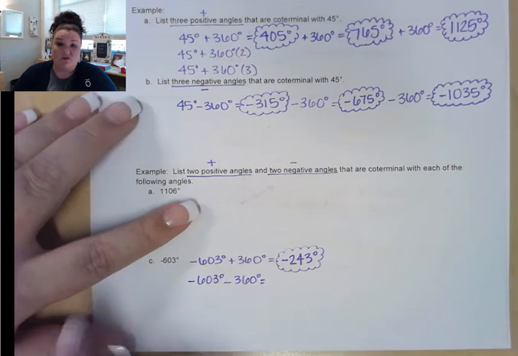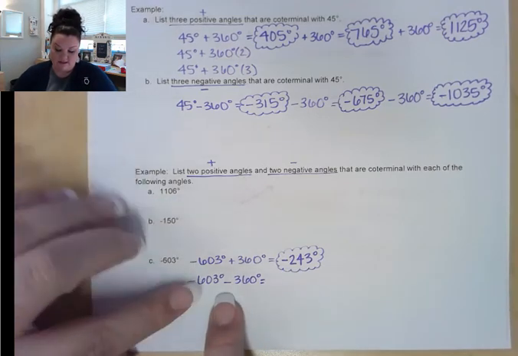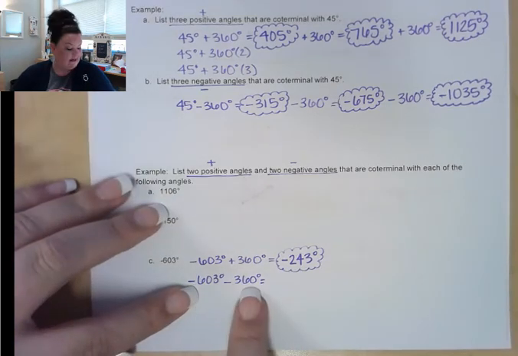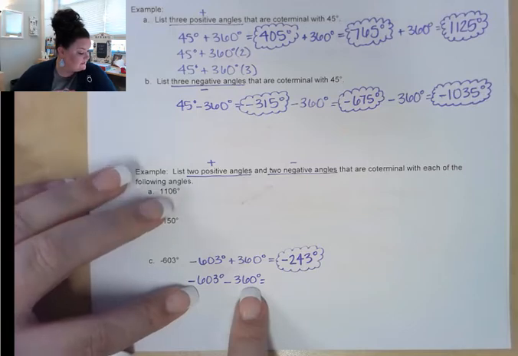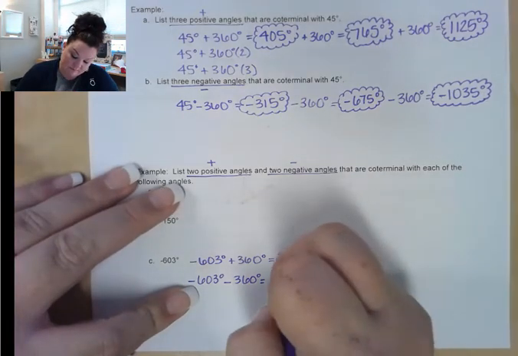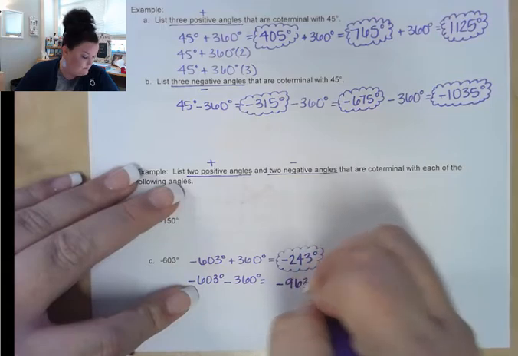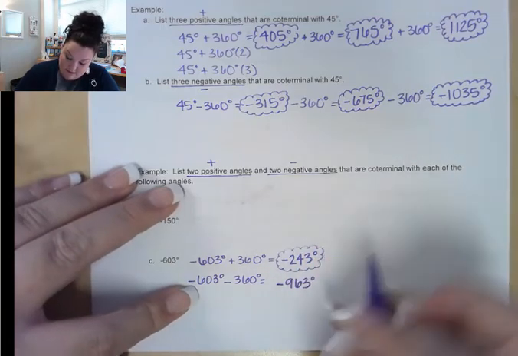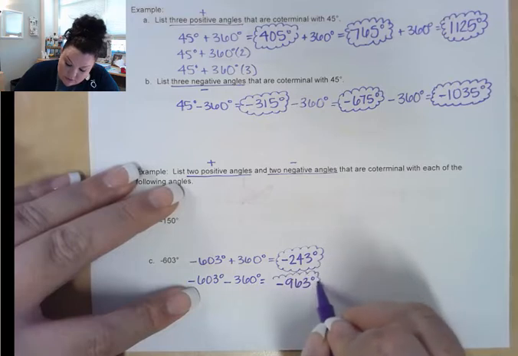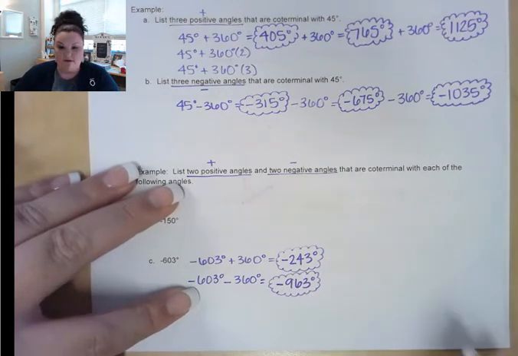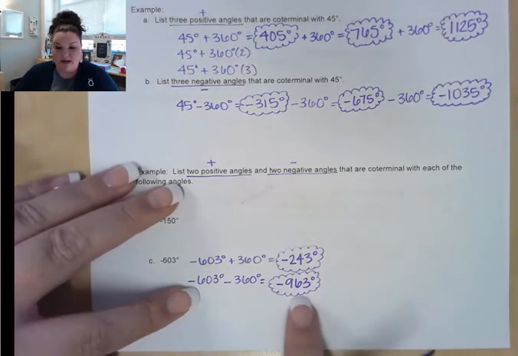So I'm just going to go the other direction by subtracting. So negative 603 minus 360 gives me negative 963 degrees. Don't forget your little degree mark. Okay. All right, so here's my 2 negative ones.